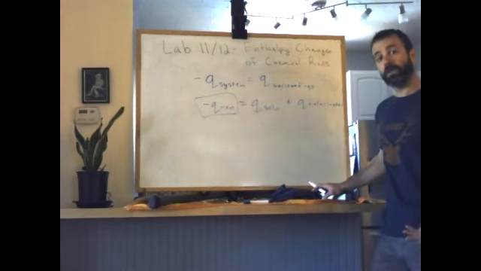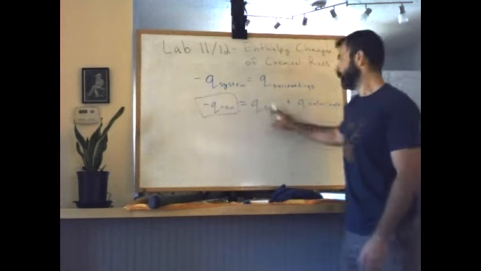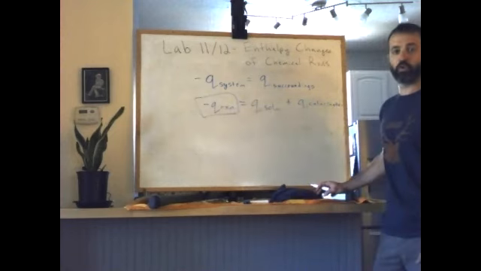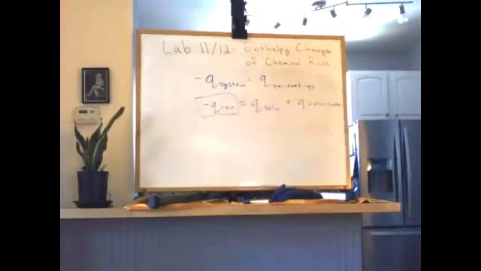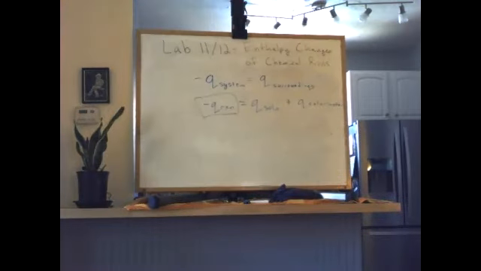Just keep track of units, right? Make sure all of these things are in units of heat or joules. Again, I'm not going to go through specific calculations because I think the examples do a good job of that. But if you have questions, please let me know and I can help you out as best I can.